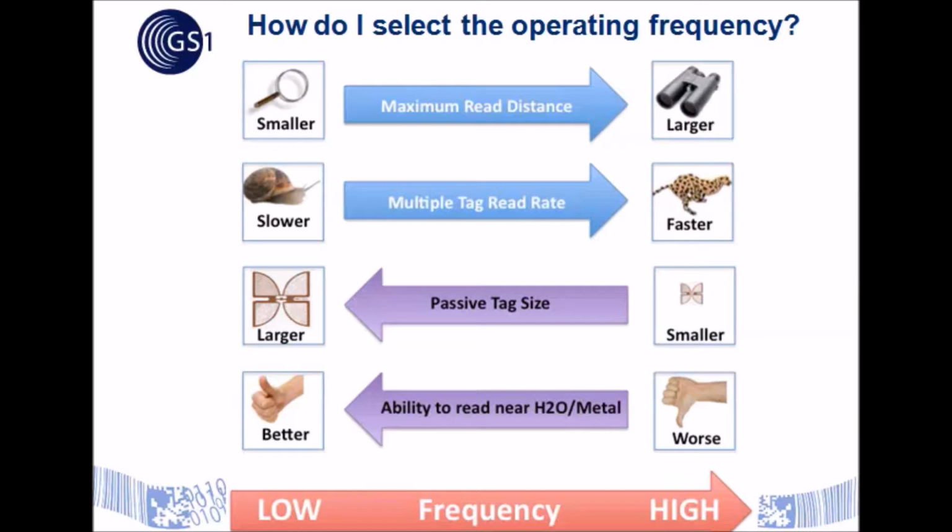Due to the frequency, the length of the electromagnetic wave also changes. So a higher frequency means a shorter length of the electromagnetic wave. Depending on the shorter wavelengths, the antenna can be designed smaller.